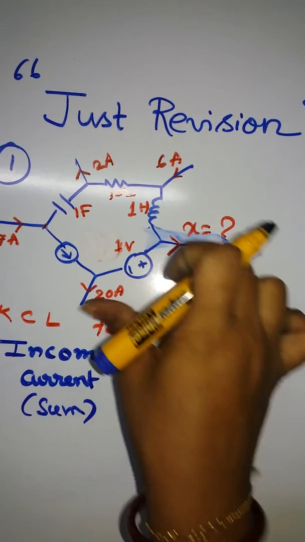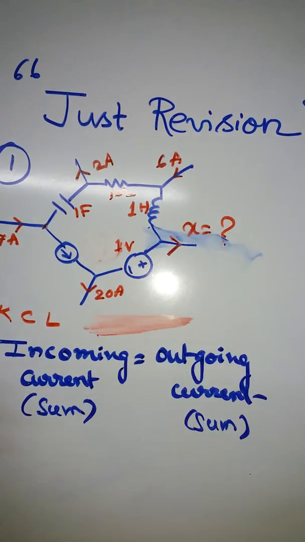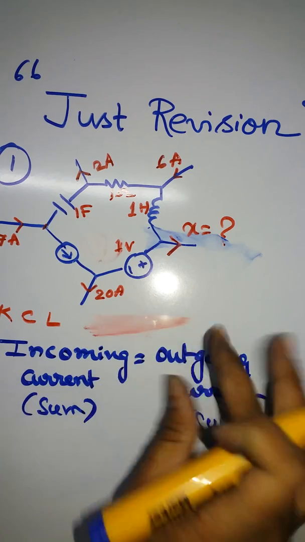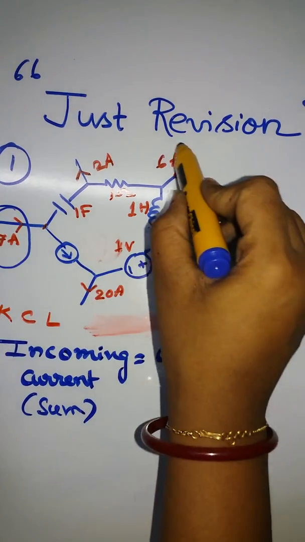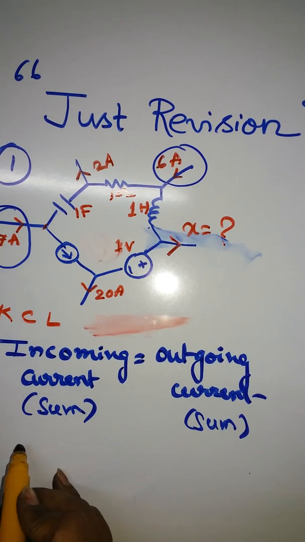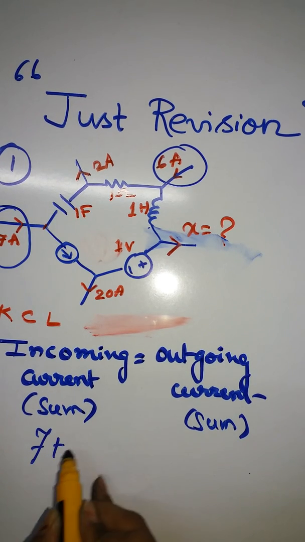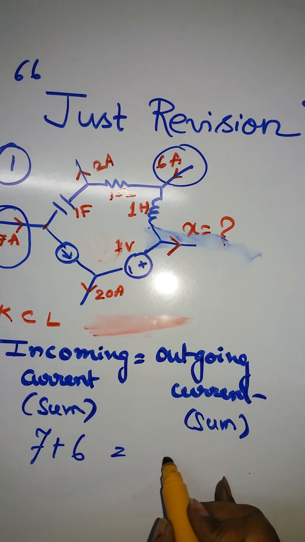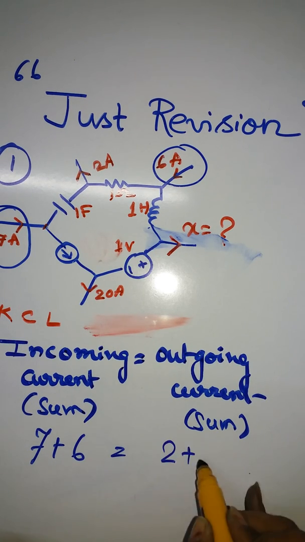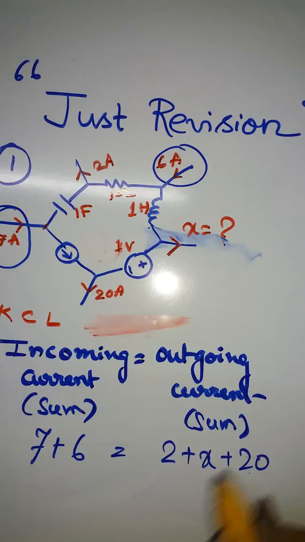So basically here you can see, this is your incoming current, this one is again your incoming current, right? So 7 plus 6 is equal to 2 plus x plus 20.